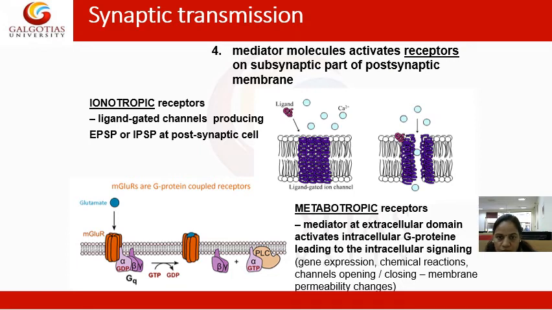So the mediator molecules activate the receptors on the subsynaptic part of the postsynaptic membrane. You can see this is a phospholipid bilayer. We can see the synaptic activity where the passage can be seen. So ionotropic receptors, ligand gated channels, produce either IPSP or EPSP at the postsynaptic cell.